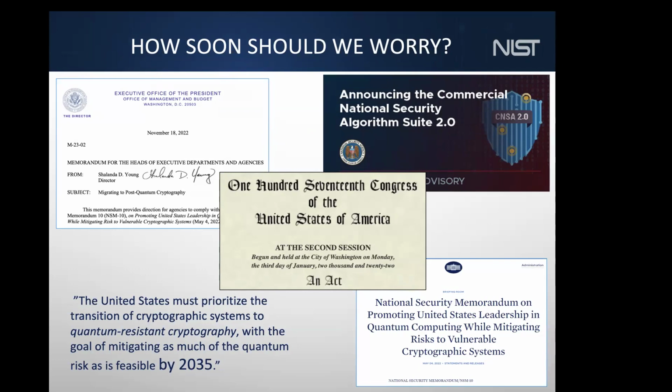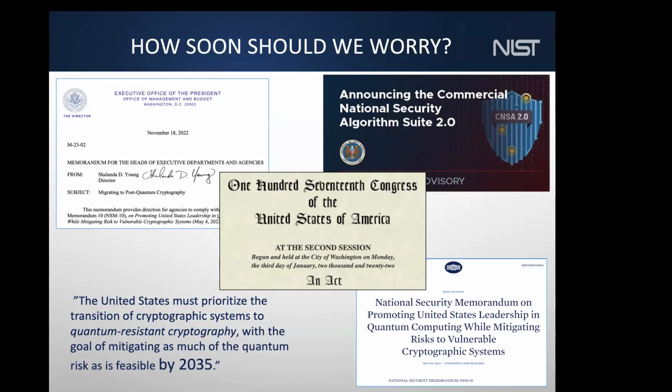The National Security Agency updated what's called the Commercial National Security Algorithm Suite 2.0 to include the threat to quantum computers and to add the algorithms that NIST is going to standardize, which we'll get to here in a minute.